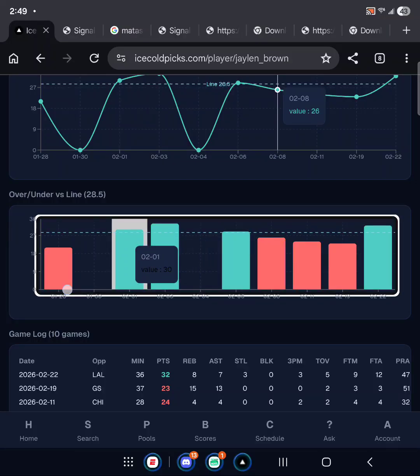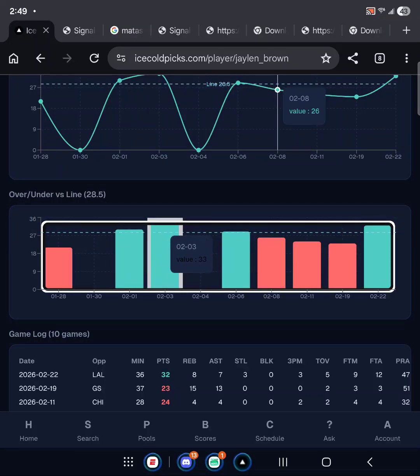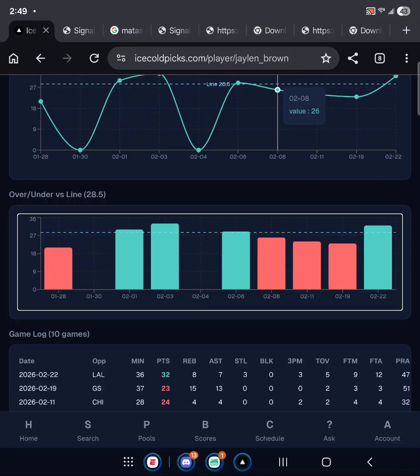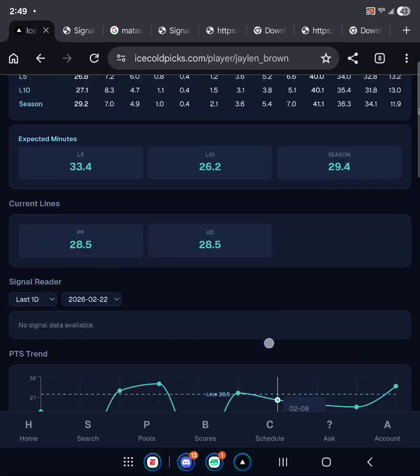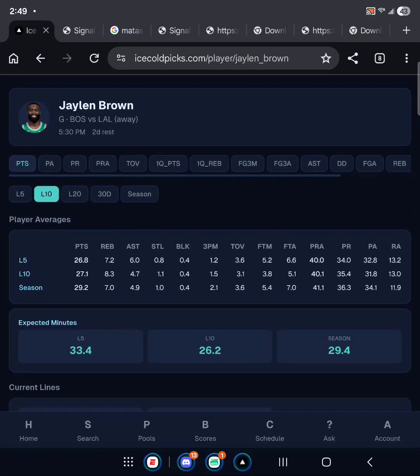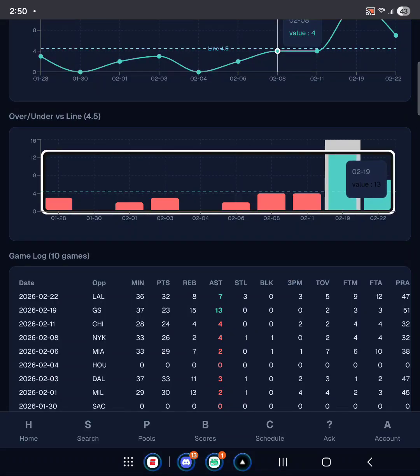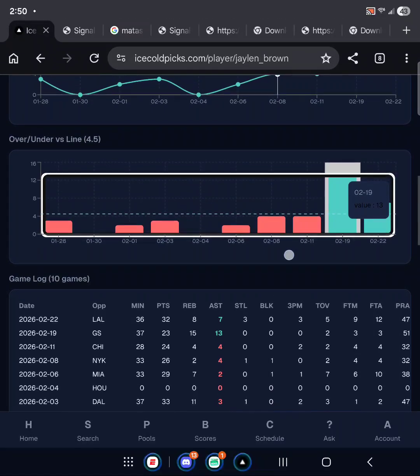So it doesn't necessarily mean that he scored below those lines that time. It just means that, hey, his average out of all these are below his average of the line. So it's important to know, and it's important to be on the right category too. So there you go. Now you got a little better definition of why it said that the season average and the last 10 were under.